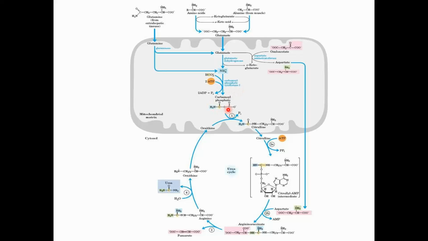So to make carbamyl phosphate we need ammonium, bicarbonate and ATP. This carbamyl phosphate is the main thing that converts into citrulline, and then citrulline enters the urea cycle and generates urea. So this is how amino acid catabolism takes place in our body.